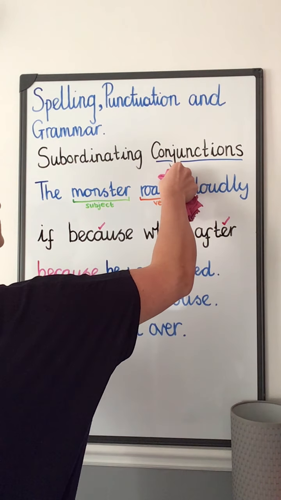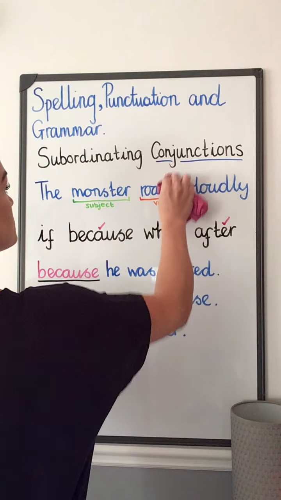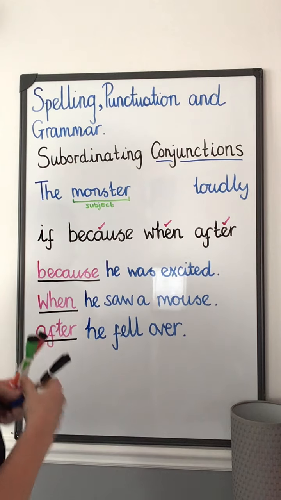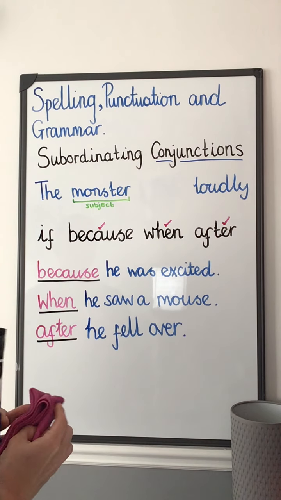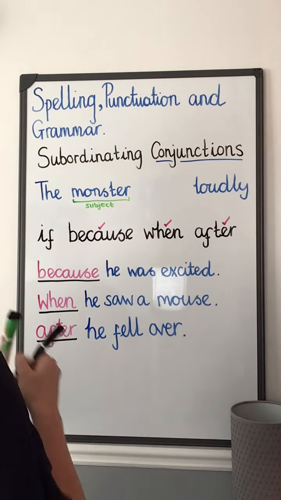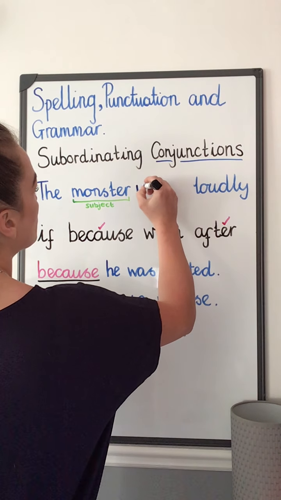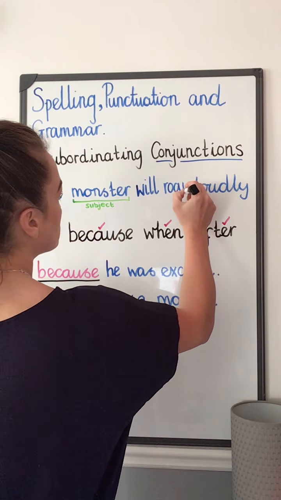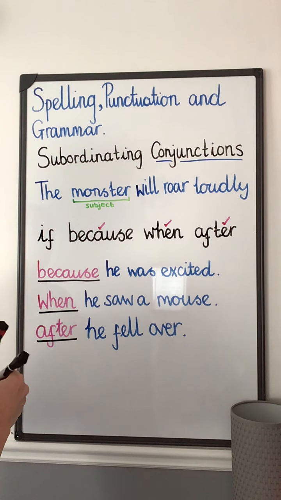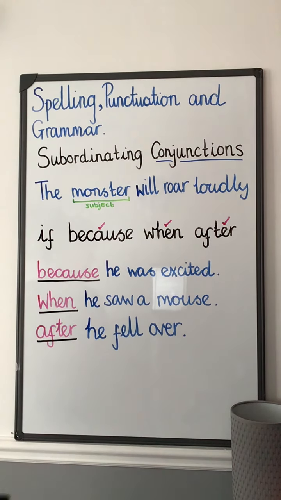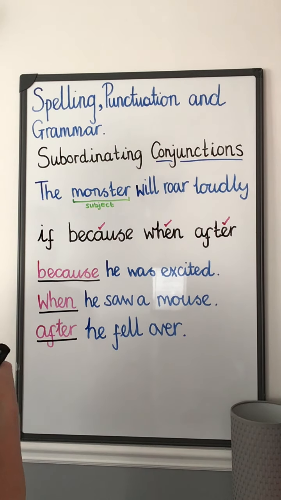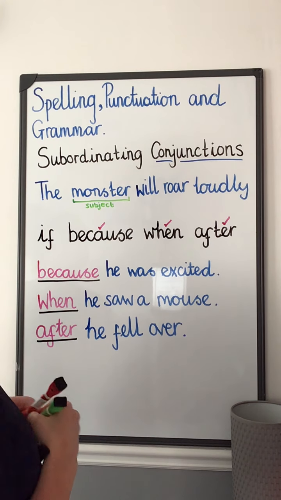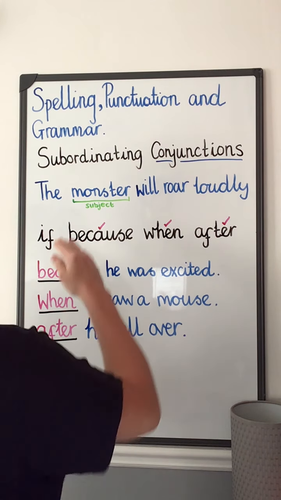The monster will roar loudly. Now I'm just doing this because I'm on the whiteboard, I don't have much room, and I just want you to see how we need to think about the subordinating conjunction that we would use. So the monster will roar loudly.